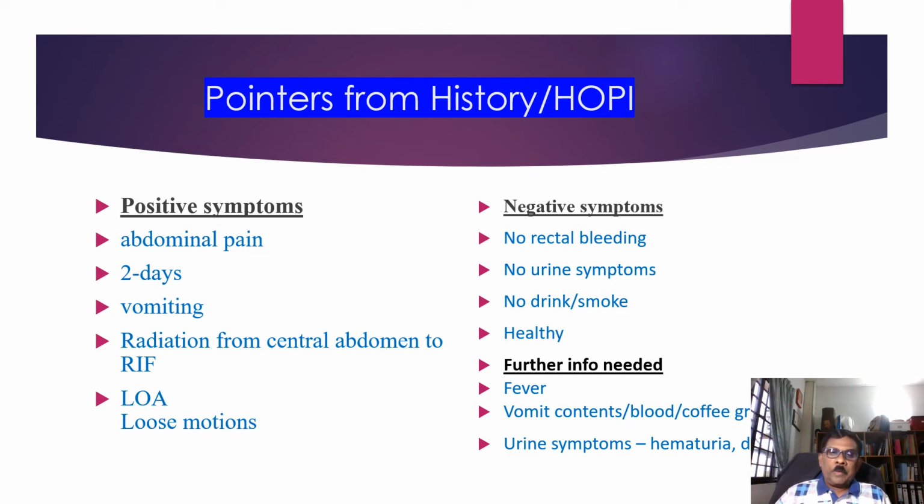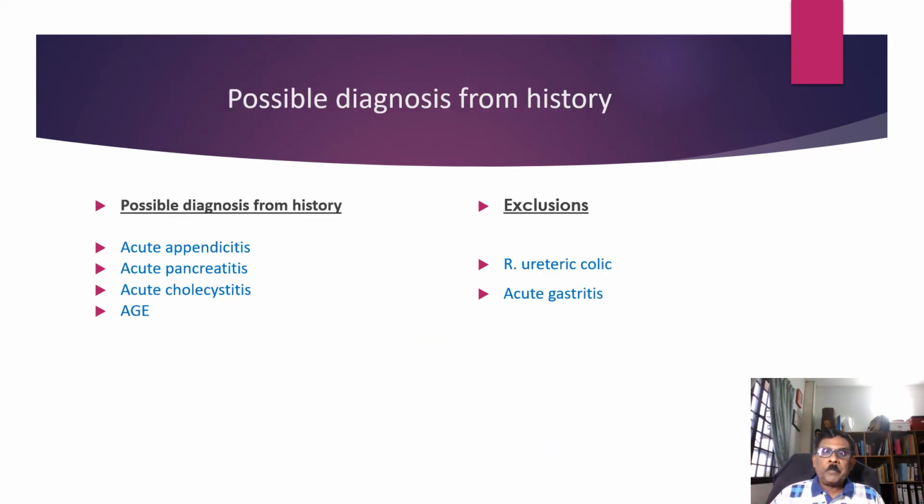To get further information, we need fever, vomiting of blood or coffee ground, whether there are any urine symptoms, which is given, there's none. Possible diagnoses from the history are these conditions: acute appendicitis, acute pancreatitis, acute cholecystitis, and AGE.